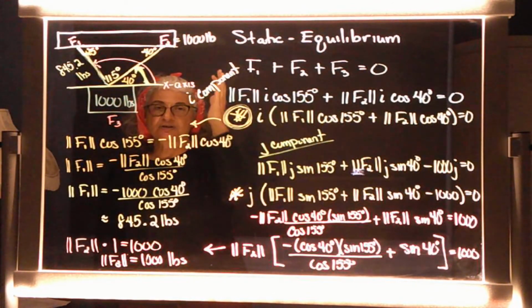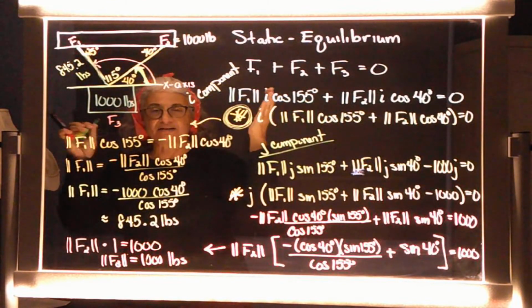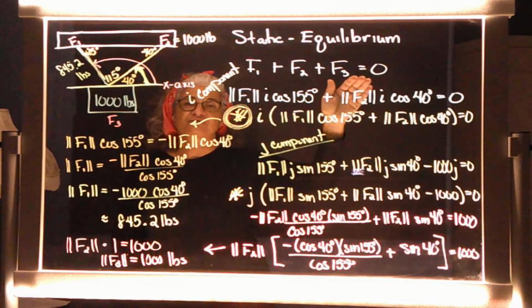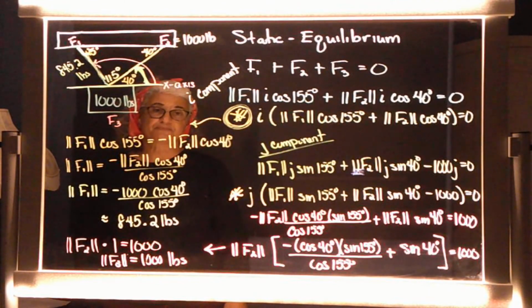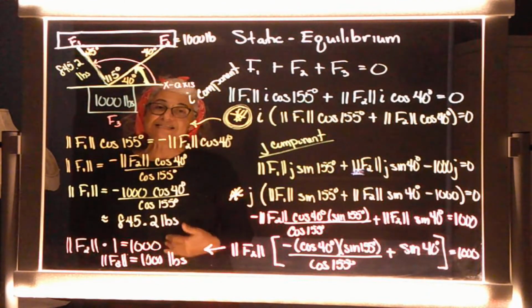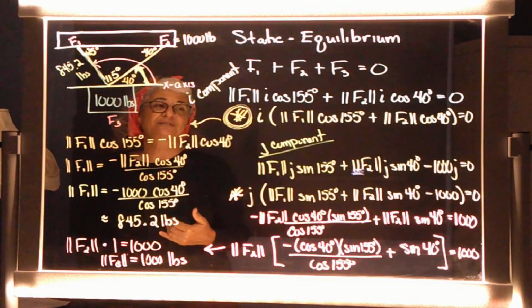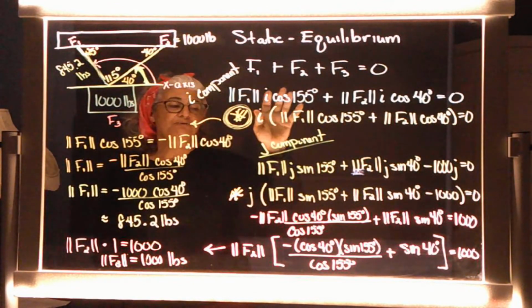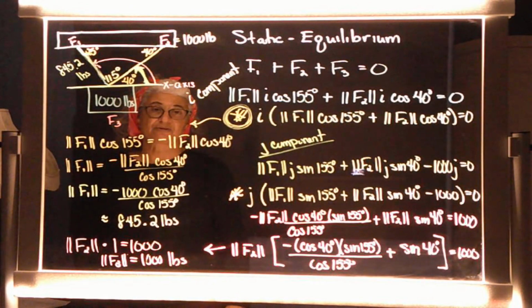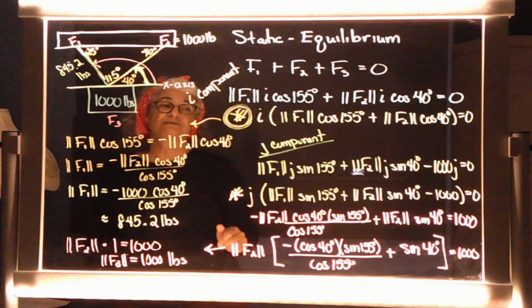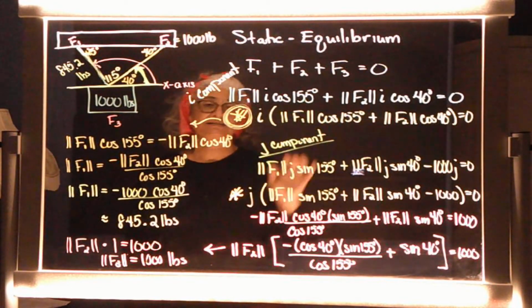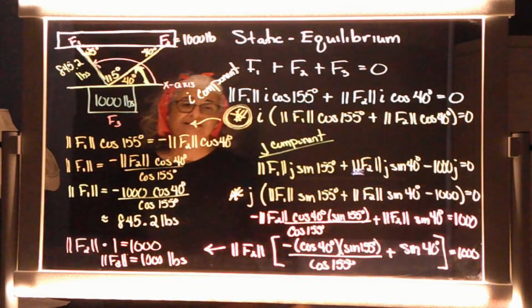In order for equilibrium, which means balance, all 3 of these vectors added together needed to equal 0. If they needed to equal 0, and I'm adding, I can only add things that are the same. So I added the I components and the J components together. These components had to cancel each other out in order for us to be equal to 0, which means the I component had to equal 0 and the J component had to equal 0.